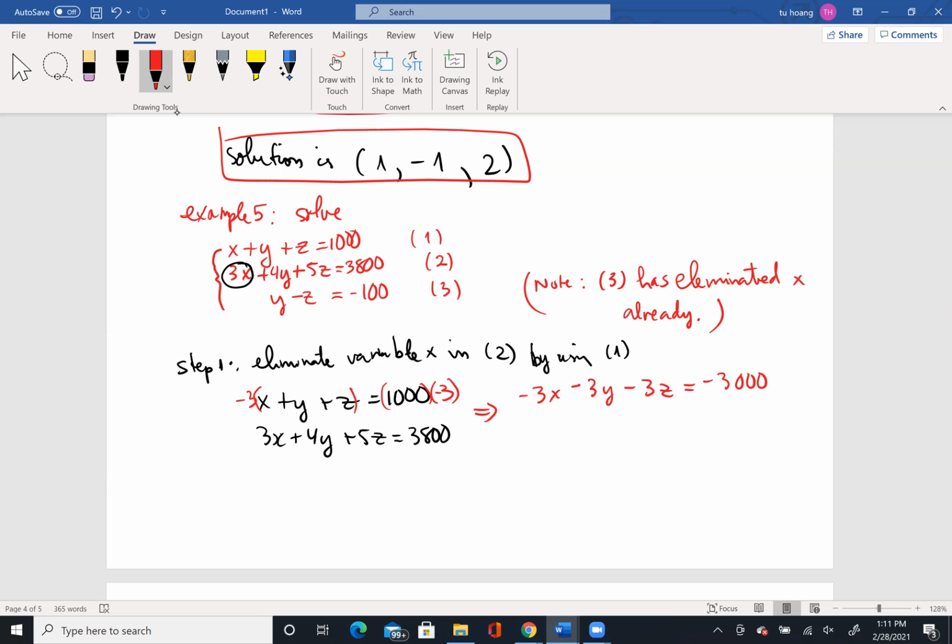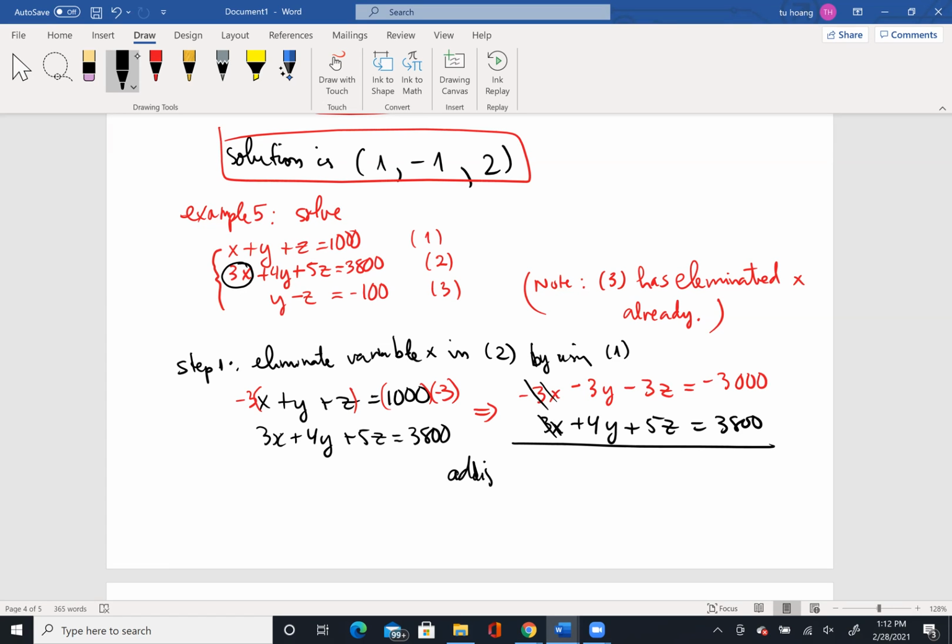And the bottom stays as 3x plus 4y plus 5z equal to 3800. That is the second equation. Now I just add both of these equations. I have a new equation that doesn't have variable x at all.